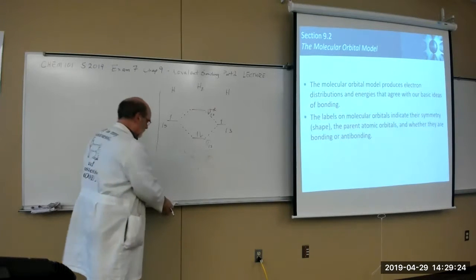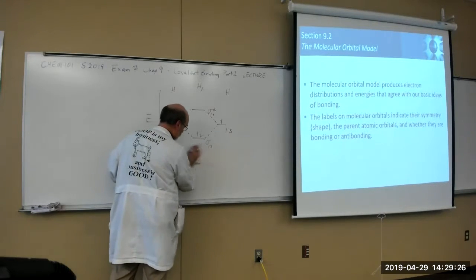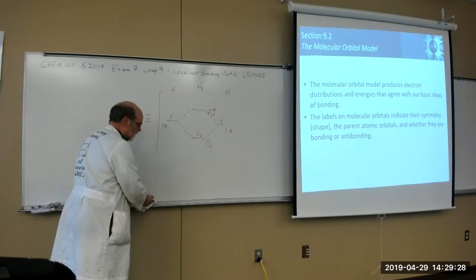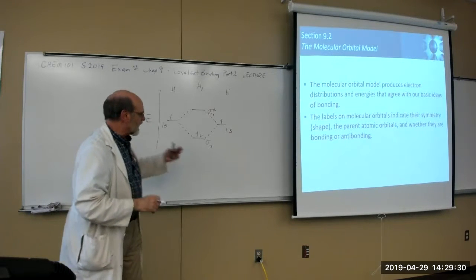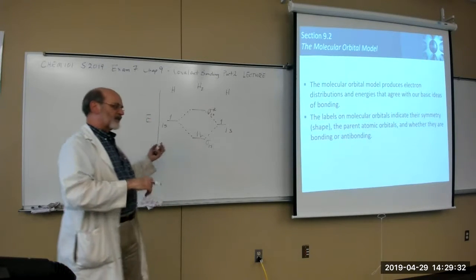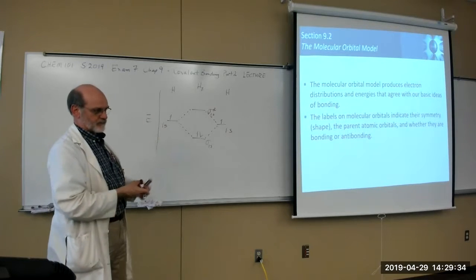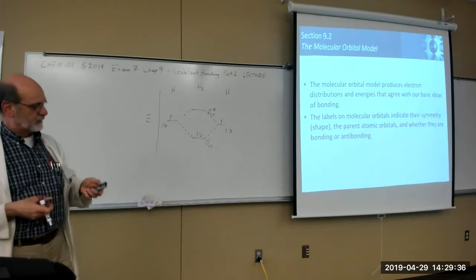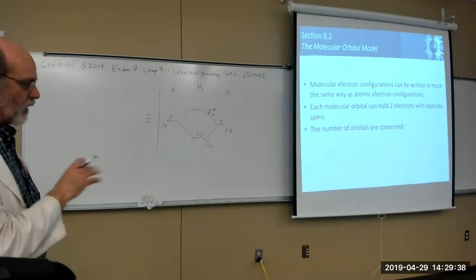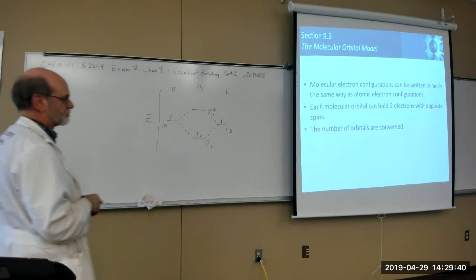Okay? The reason I emphasize that is we're going to discuss a second type of orbital that has electron density off axis. And that will come in just a few minutes.